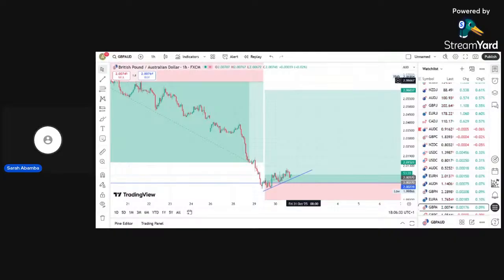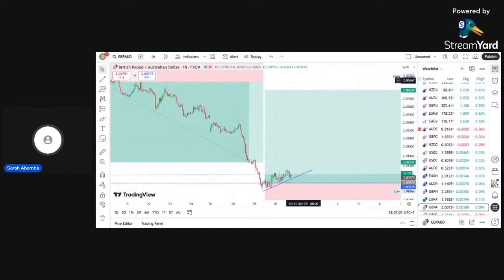If you don't understand support and resistance very well, you will have trouble doing technical analysis very well. If you have understood support and resistance, 50% of your journey in trading, that is your technical analysis journey, has been solved. That is what you should know. So we talked about support and resistance on Tuesday.